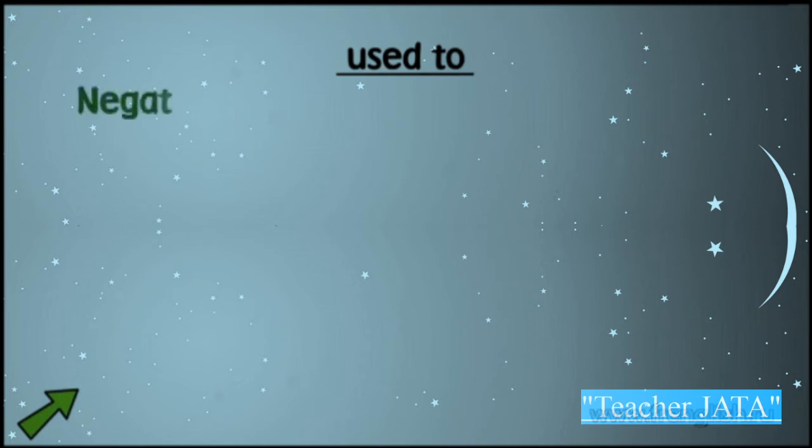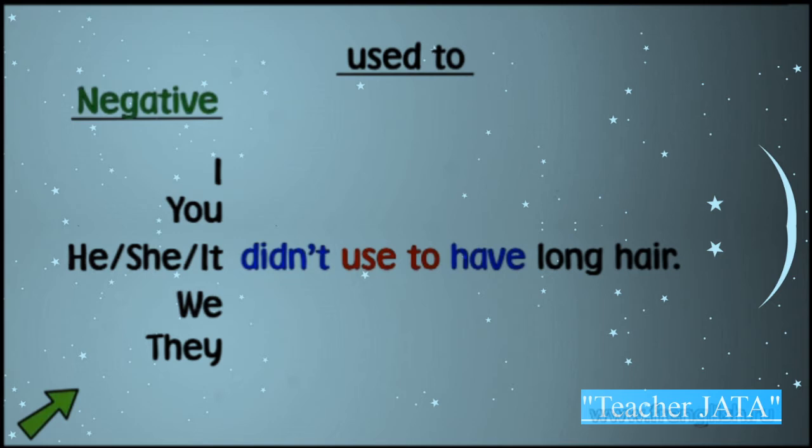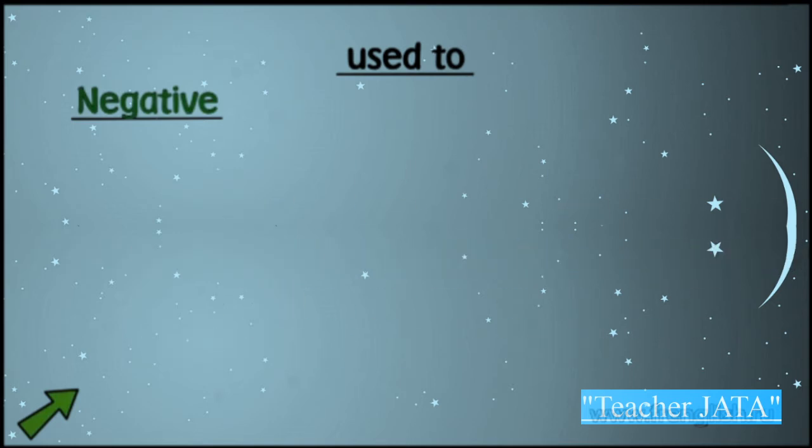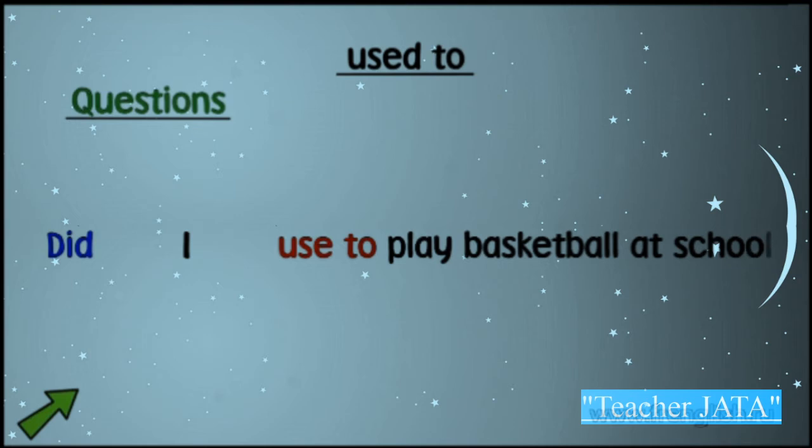We form negative sentences with didn't and used to without the D. We form questions with did and used to without the D. The form is the same for all subjects.